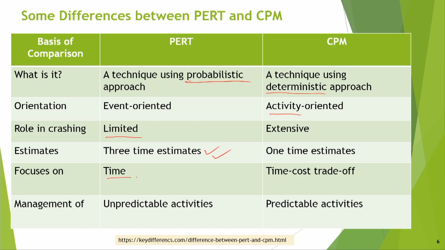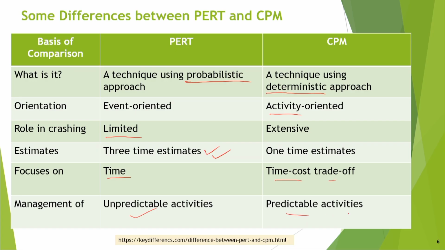PERT focuses on time, and then here it is said time, cost also, cost of activities and trade off. Again this I do not agree to that much, because in PERT also one can actually consider the cost etc. It is not that you cannot do that. Main issue is that of course in PERT we have time estimates, and here there is this one, and management of unpredictable events.